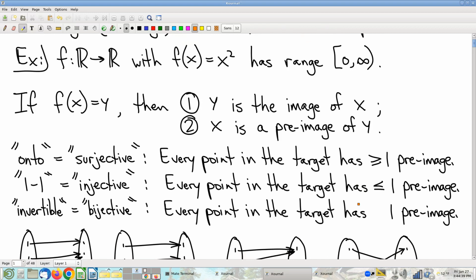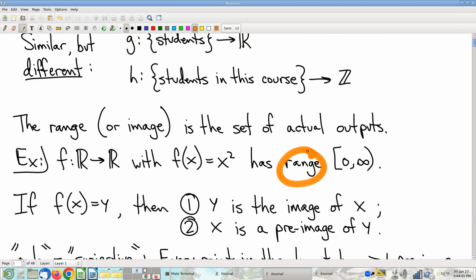Okay. Let me say some things about this word range. I don't like using this word. Not that there's anything particularly wrong with the word, but it's just that the word gets used in different ways by different people. Tragically, in some books, the word range gets used to mean target. So it's really awkward, right, that we have these two things that are importantly different. The image and the target are importantly different things.